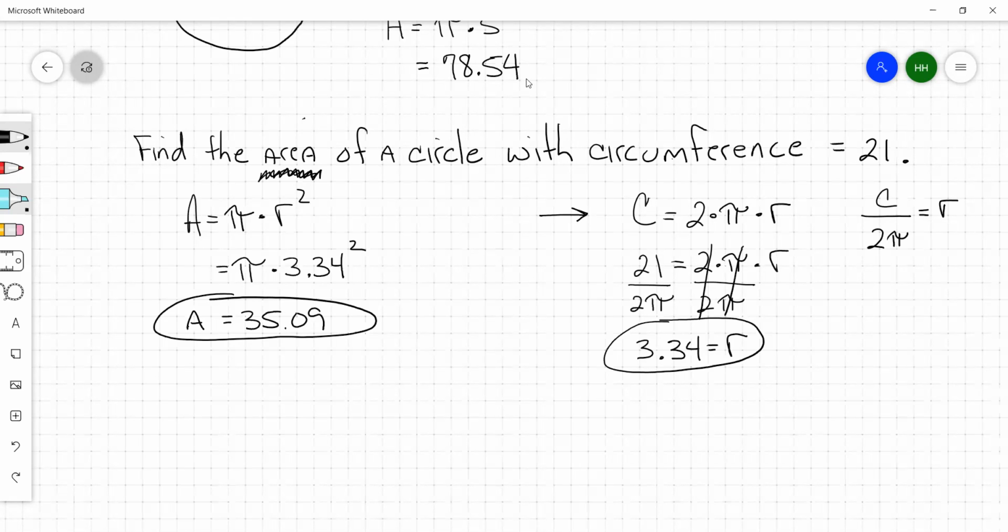You got a different answer than 35.09? Okay, so it's going to depend on, your calculator's not set to second fix 2 then. Green button, fix 2. Green button, yep, 2.